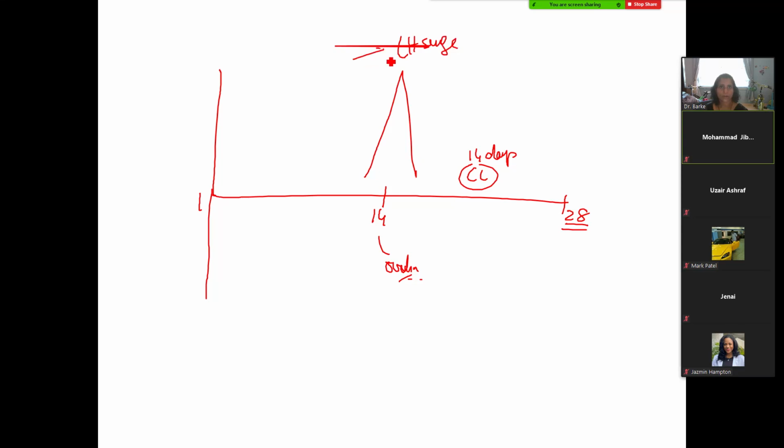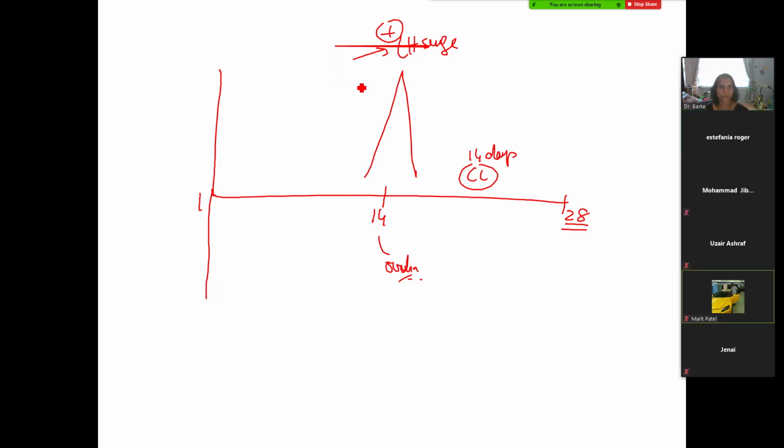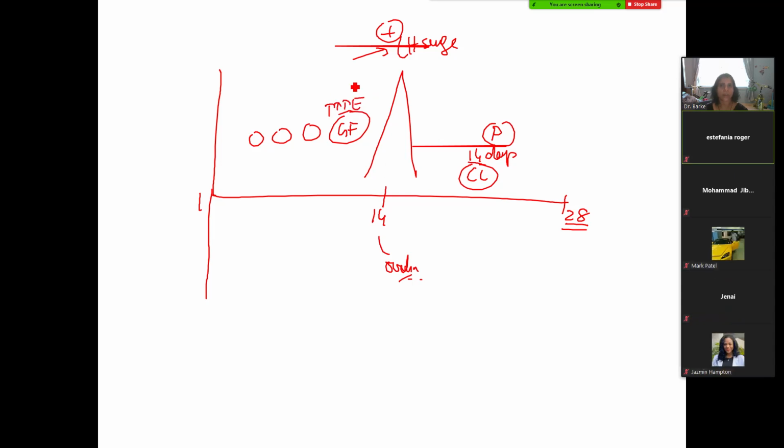And who's responsible for stimulating this LH surge? Estrogen. In the first half of the cycle, there's no progesterone. Progesterone comes from the corpus luteum. In the first half, it's follicles and the Graafian follicle. So just before the 14th day, the Graafian follicles cause a surge in secretion of estrogen, and this surge will stimulate LH.